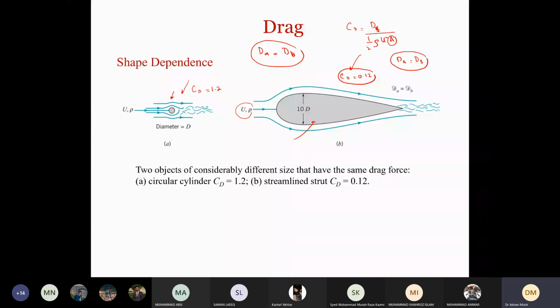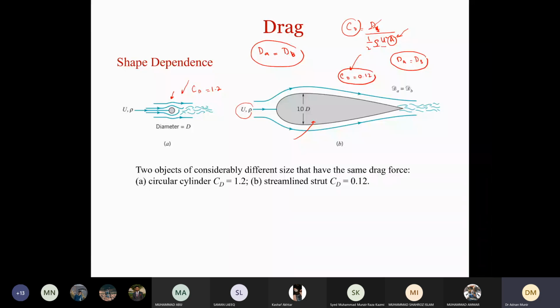So in that case, although the CD value is different, because we adjust it, we can see that the drag force is not only dependent on CD, but it is also dependent on rho, on U, and on the area. So that means area has a significant effect on the drag force.